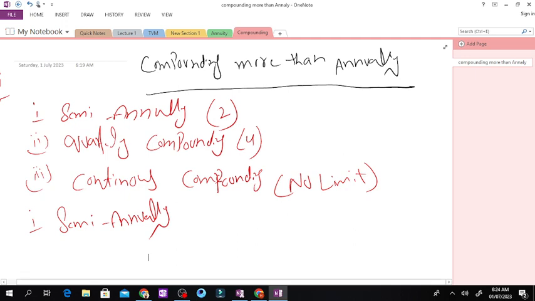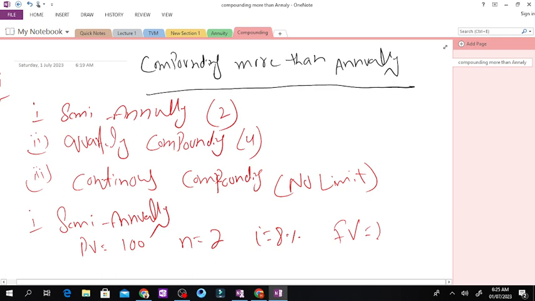For example, if you are going to invest 100 rupees in a project for 2 years, and you will earn 8% interest rate, how much would you receive at the end of that time period? So you have to calculate future value.